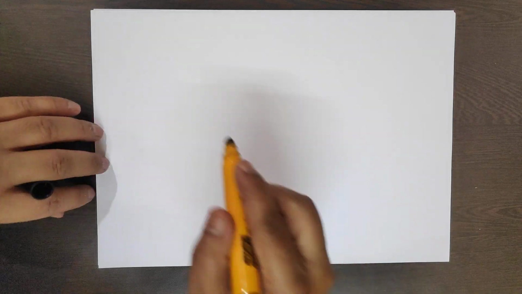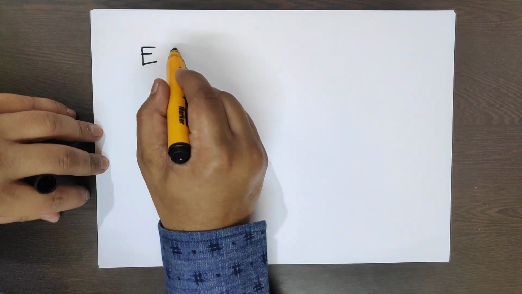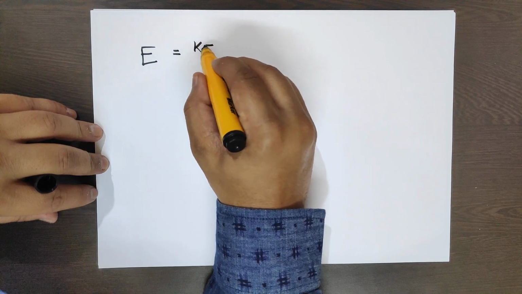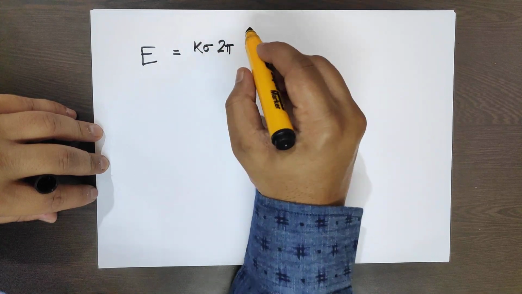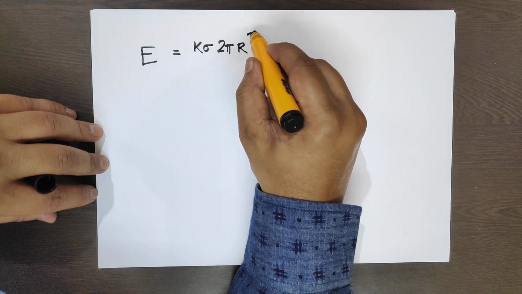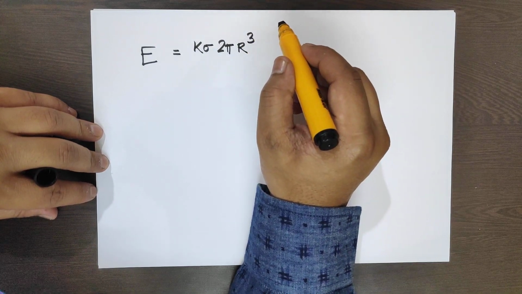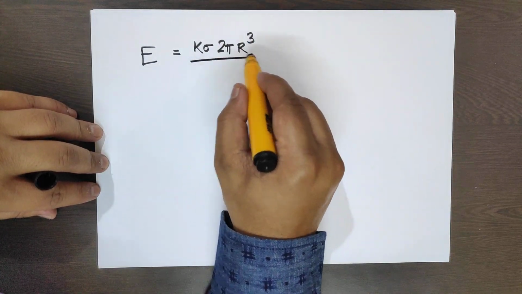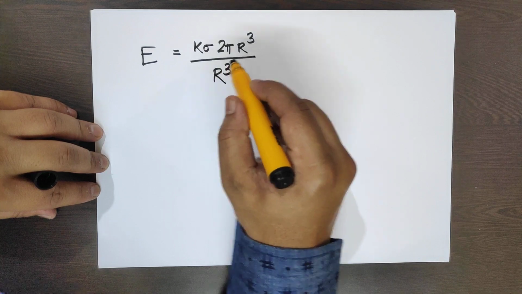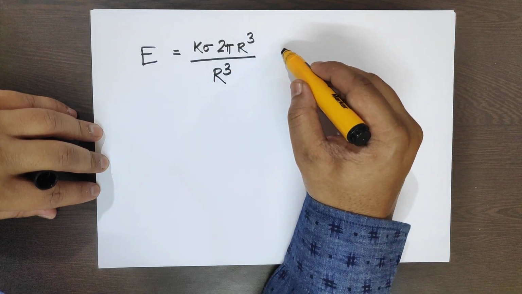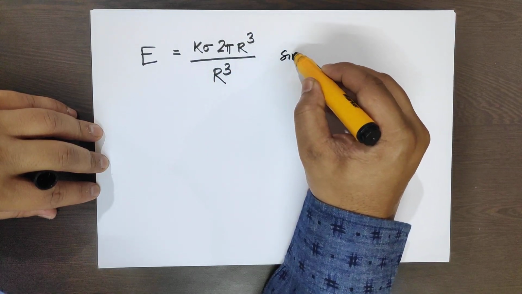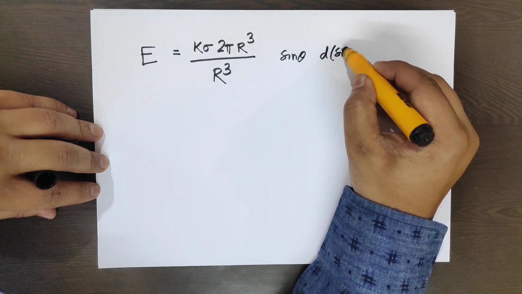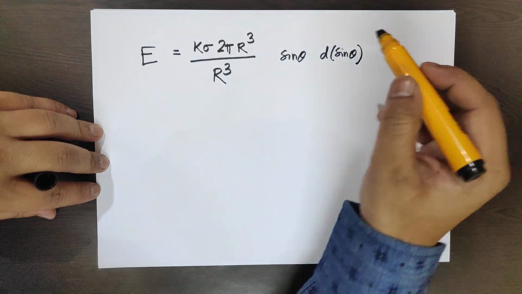The field E becomes k sigma 2 pi r cube divided by again r cube into cos theta sin theta d theta. So we can write d of sin theta for cos theta d theta, right?